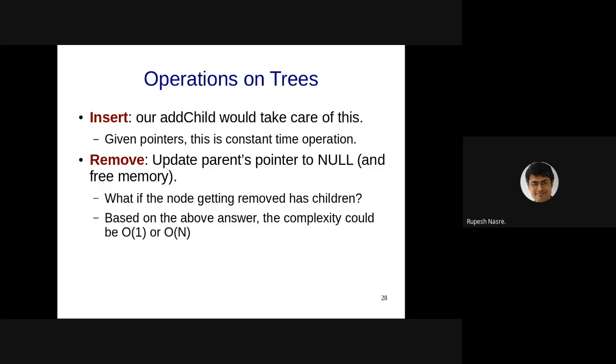Okay, so the first leaf node encountered, which essentially means that in typical trees, when the leaf nodes are going to be at the bottom, the leftmost one that we encounter, that can be used to replace the non-leaf node. Right? So the leaf node is replacing the node that is being removed, right?